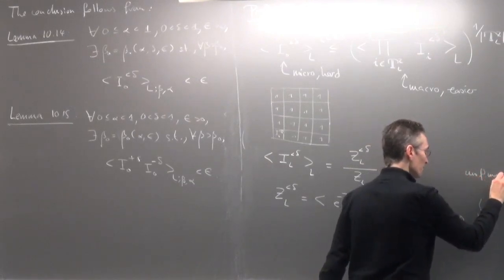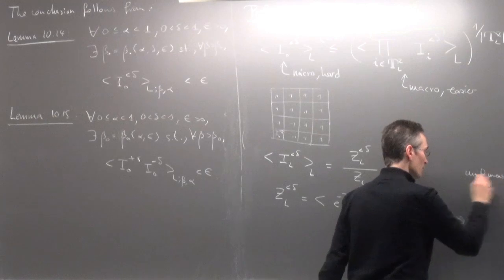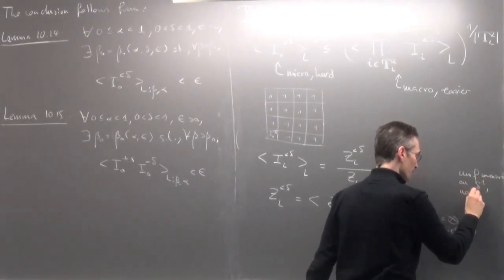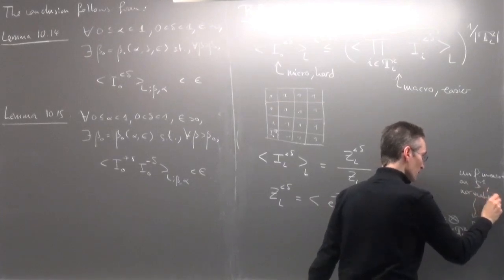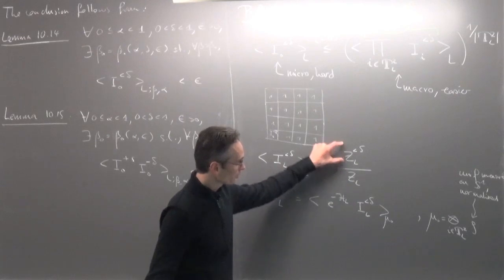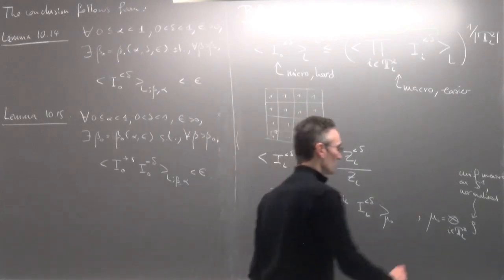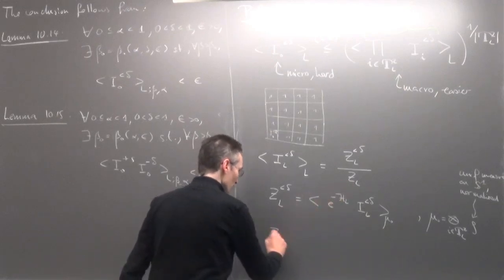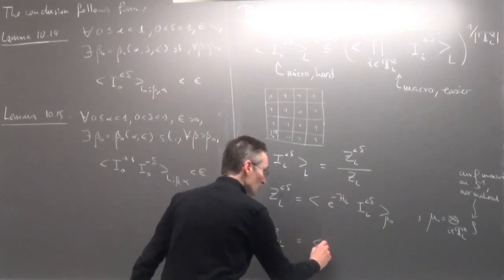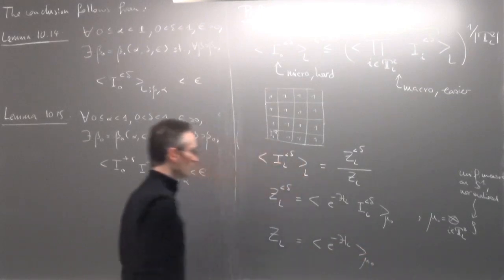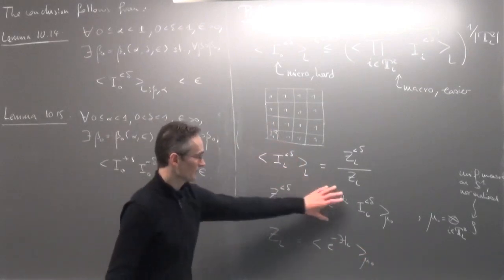That doesn't change anything because the normalization is in both the numerator and denominator, so in any case it would cancel, but it's just convenient to assume that. And the partition function, the denominator, is just the expectation of e to the minus H_L, the usual one, under mu naught. Certainly, this expectation is this over that.